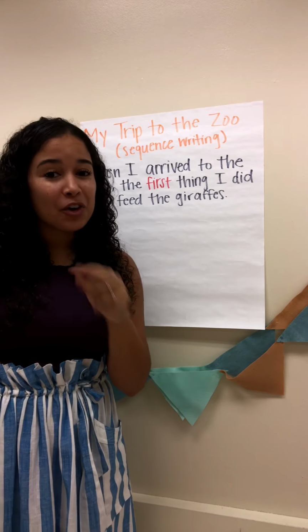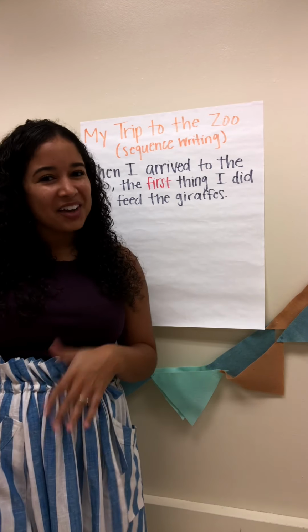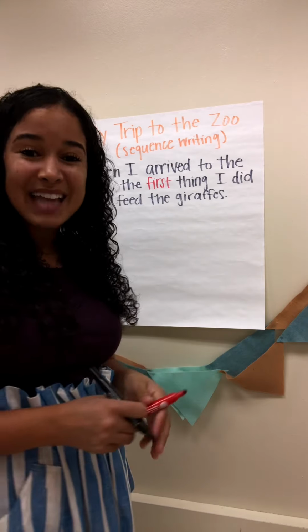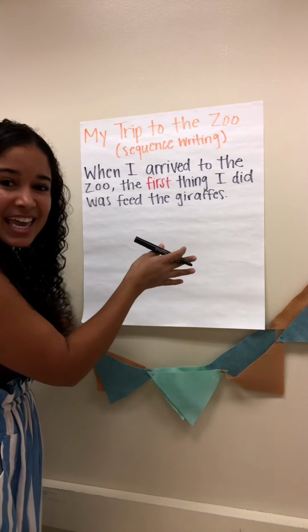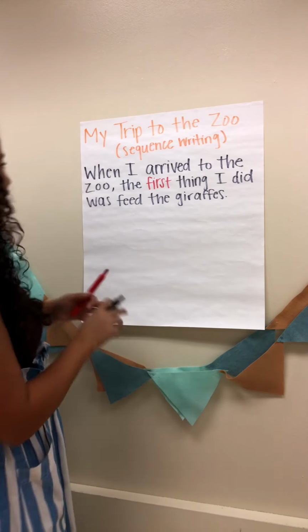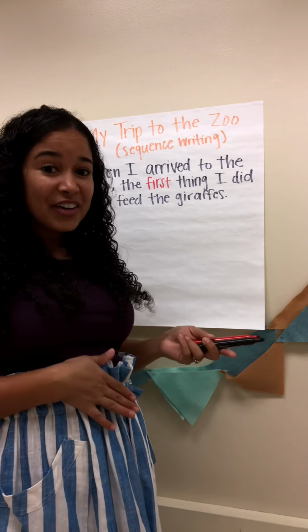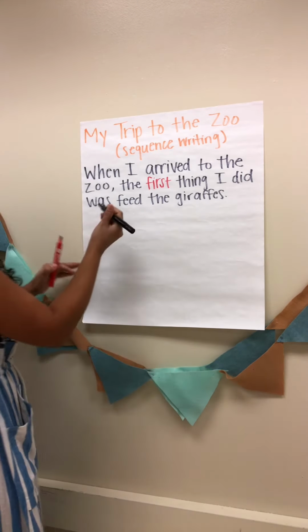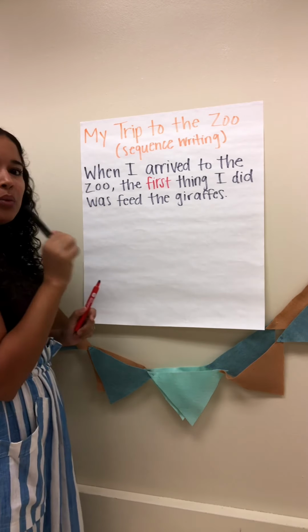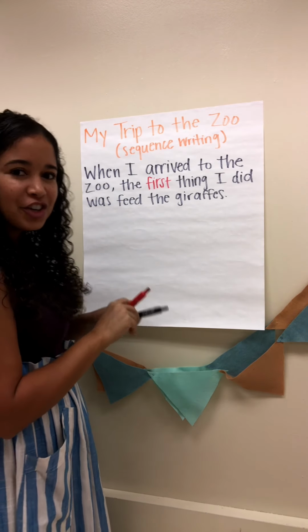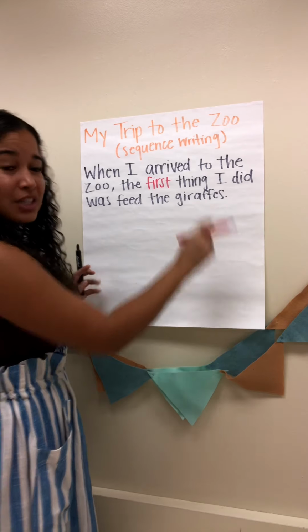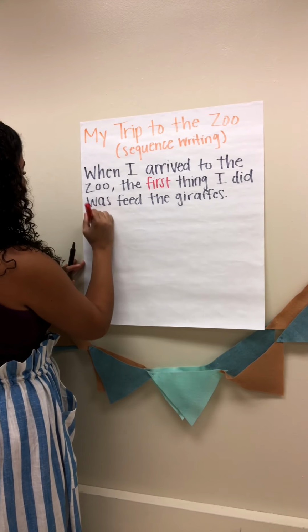On some of your trips to the zoo, I saw that you got a little hungry, so you went and grabbed a snack. So the next thing, can we use that word next? Yes, we sure can. The next thing we're going to talk about is how we got a little hungry and we went to go get a snack. So how about we use the word after? Because it's after we went to go visit the giraffes.